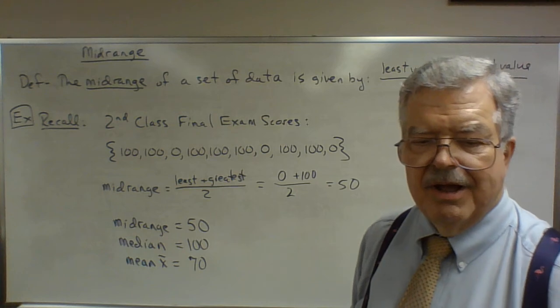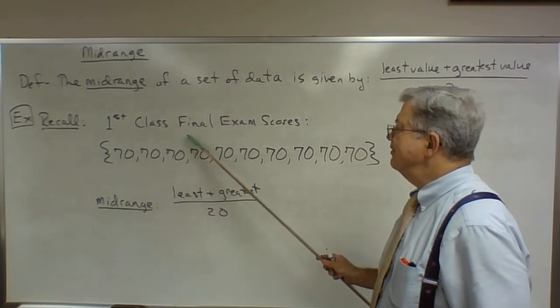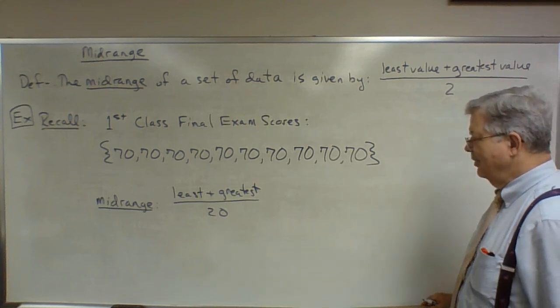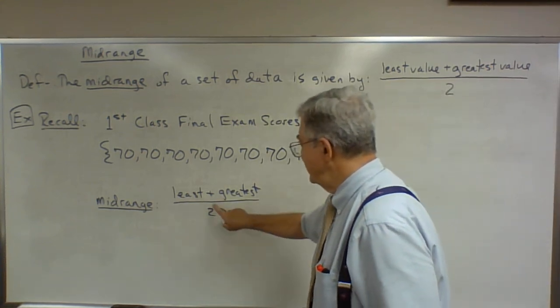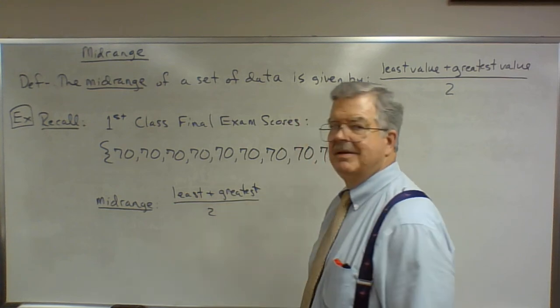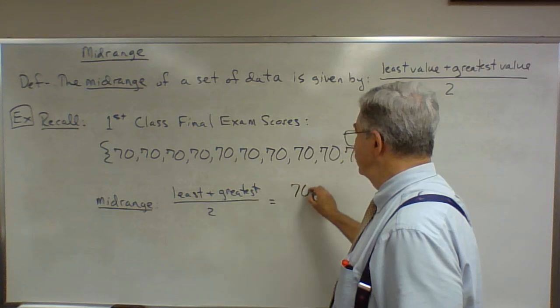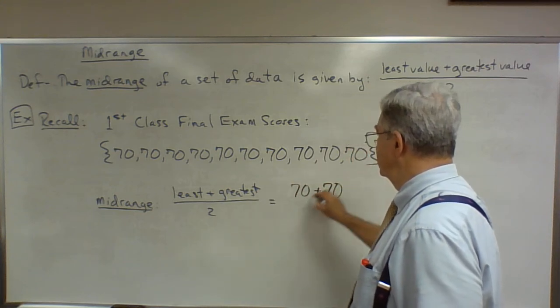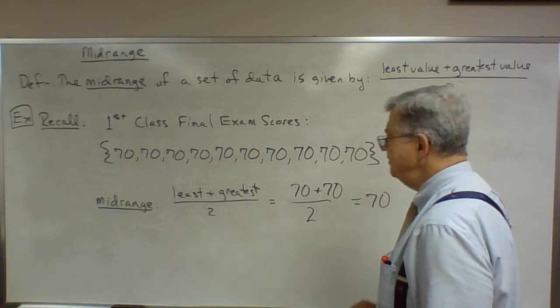Let's look at another example. Let's look at the first class final exam scores. The mid-range is the least plus the greatest over 2. So that's 70 plus 70 over 2, which equals 70.